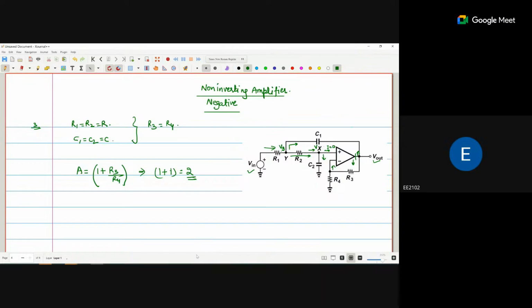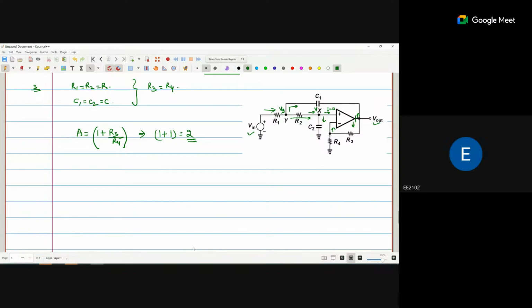Now apply the KCL. Vin minus Vy divided by R1 is equal to Vy minus Vout divided by 1 by C1s, plus Vy minus Vx divided by R2.